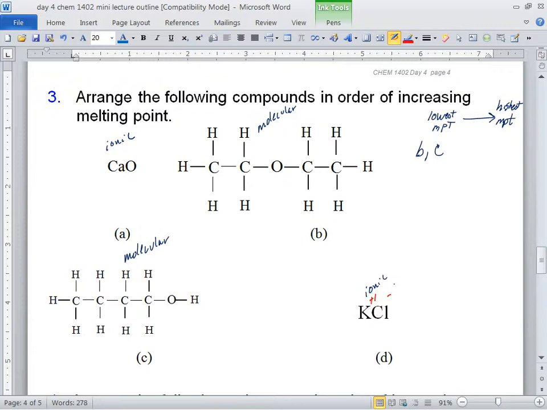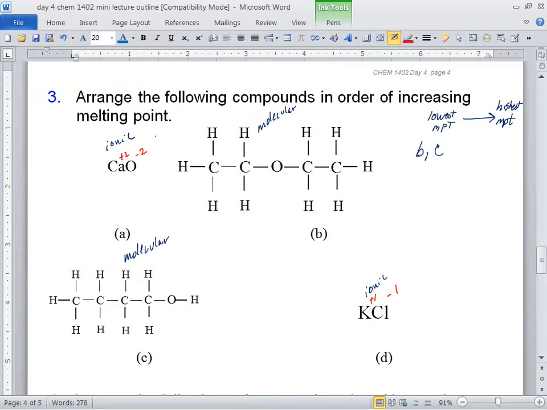Just count over to the nobles. And remember, the hint is also down here. They're both 1s. How about the calcium and the oxygen? You'd think they'd both be +1 and -1 again, right? Because you just do the little ratio thing, but they canceled. Calcium's +2, oxygen's -2. Maybe that helps you.